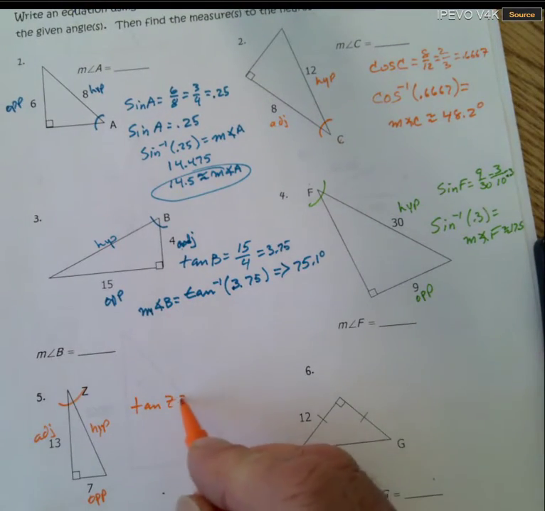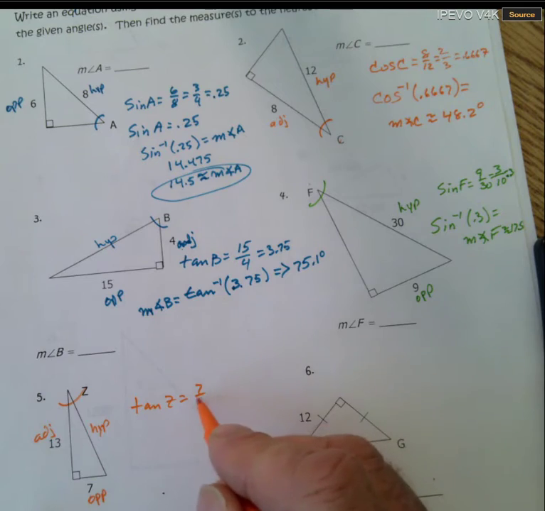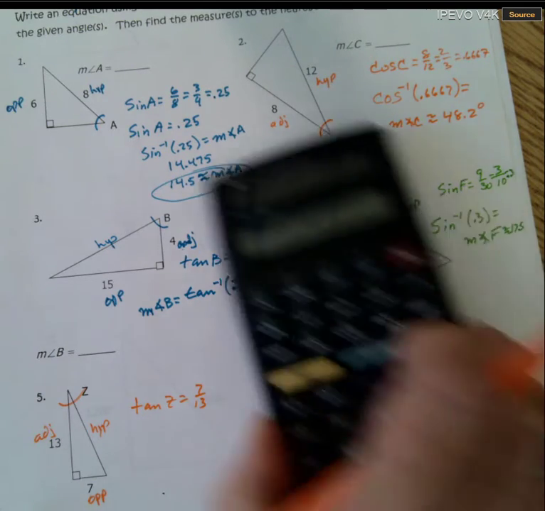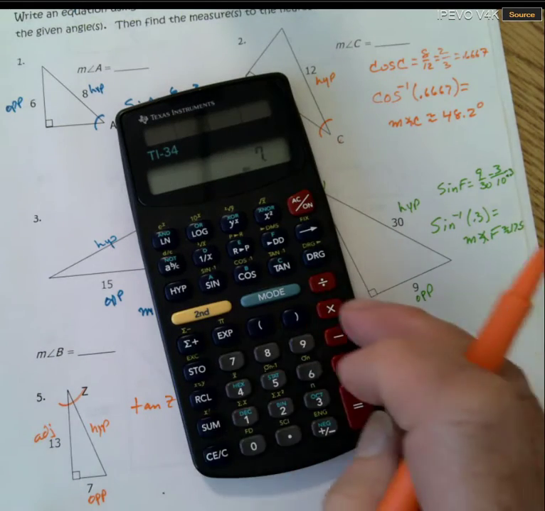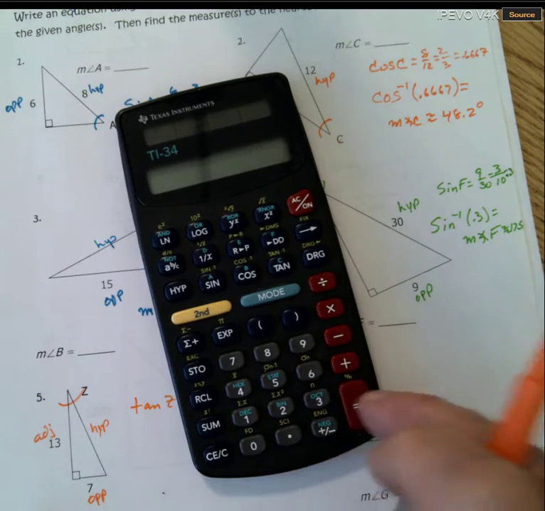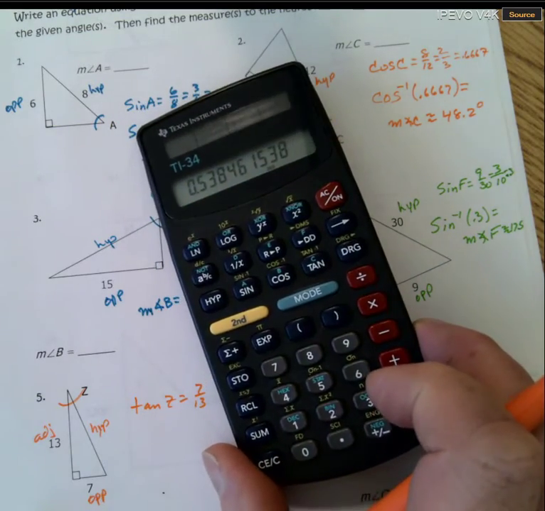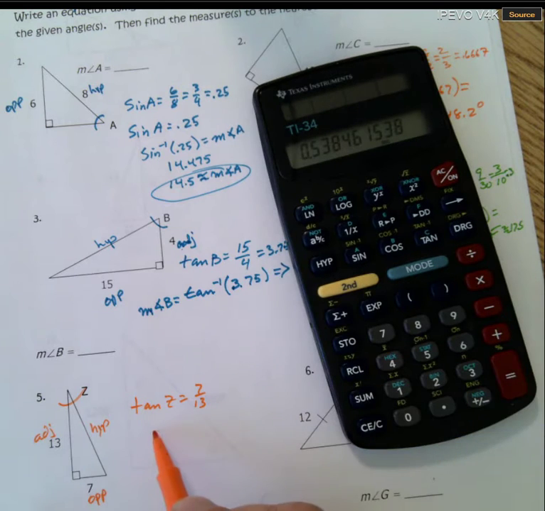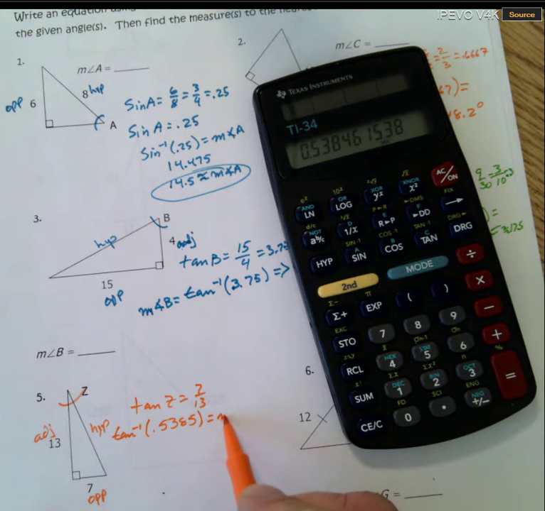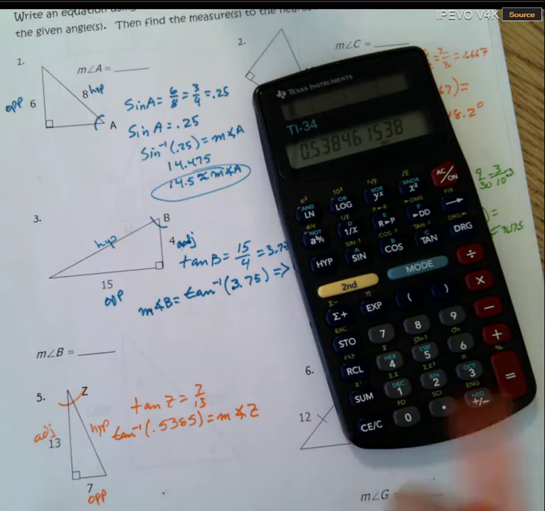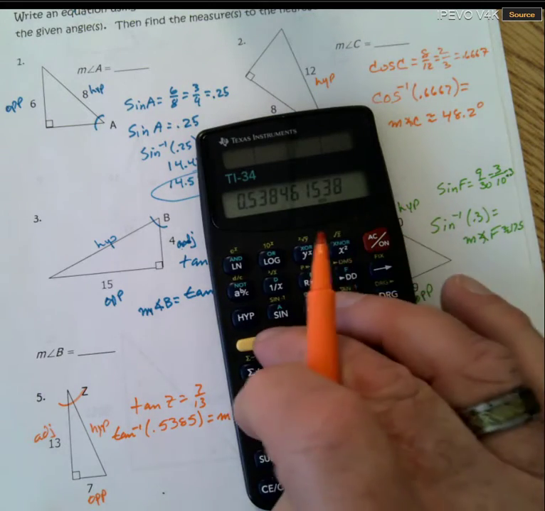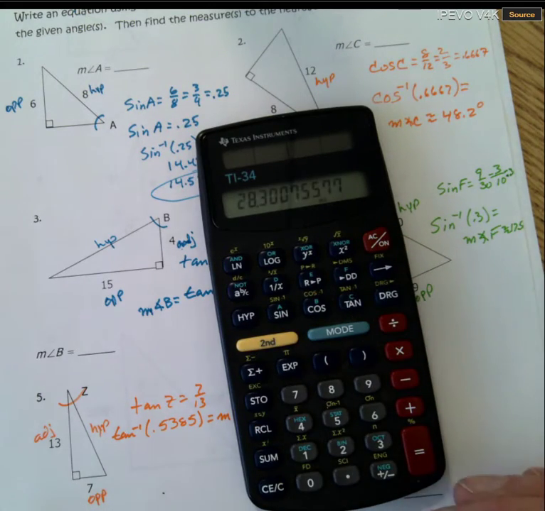Tan Z is equal to 7 over 13. Now 7 divided by 13 is 0.5385. And I want to do tangent minus 1 of that to get the measure of angle Z. So when I do second tangent, I end up with 28.3.